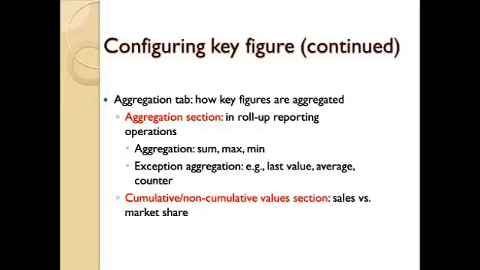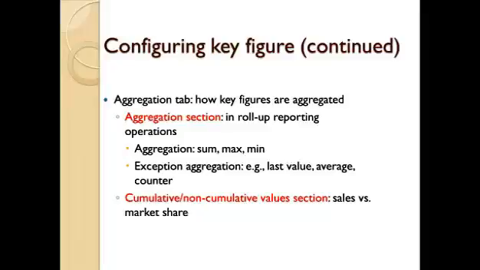And similarly, when you roll up sales for individual products or materials to a material group, you will also use the sum function. So in most cases, the sum function is the standard aggregation for a key figure. However, some key figures require exception handling.